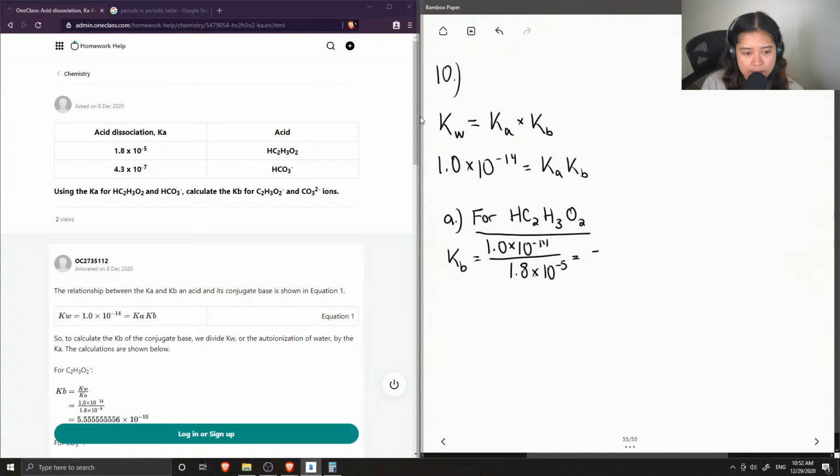So for this Kb value, you should end up with 5.55 times 10 to the negative 10.